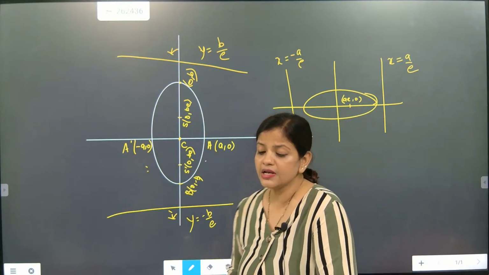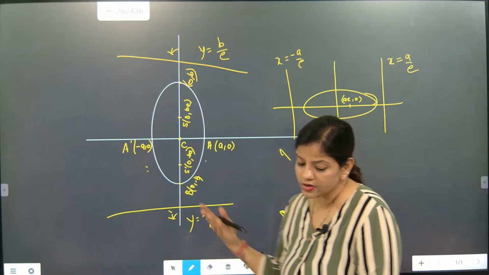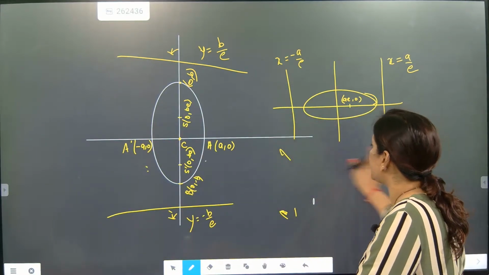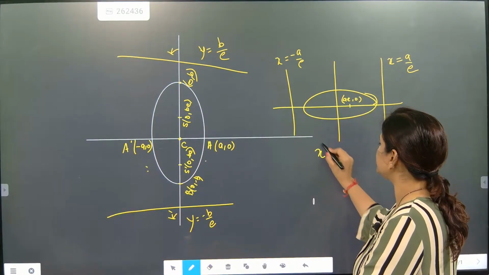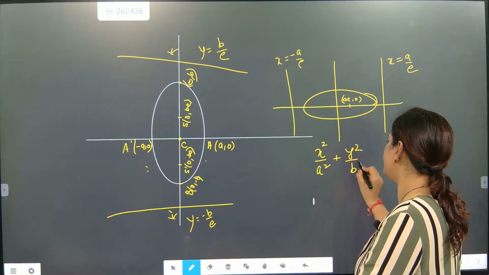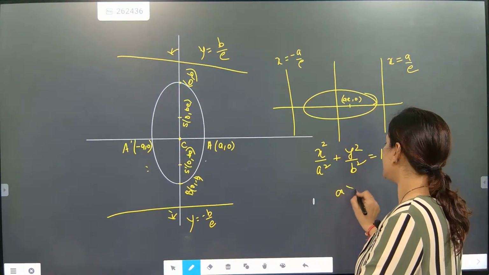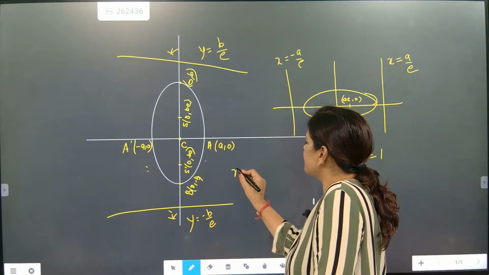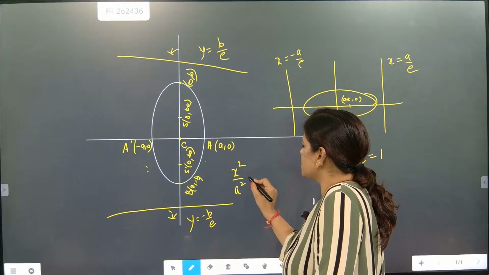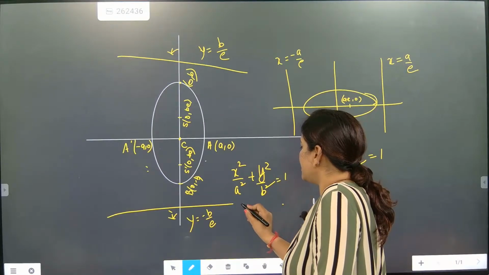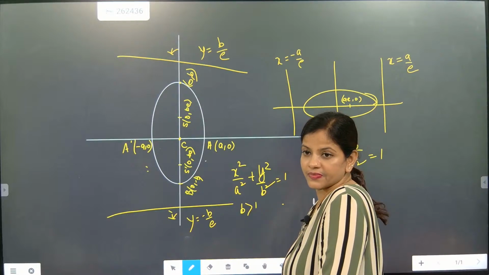So definitely now for this case, what will be the eccentricity? When you write x square by a square plus y square by b square equal to 1, there a is greater than b. But here, in x square by a square plus y square by b square equal to 1, b is greater than a. Understood?